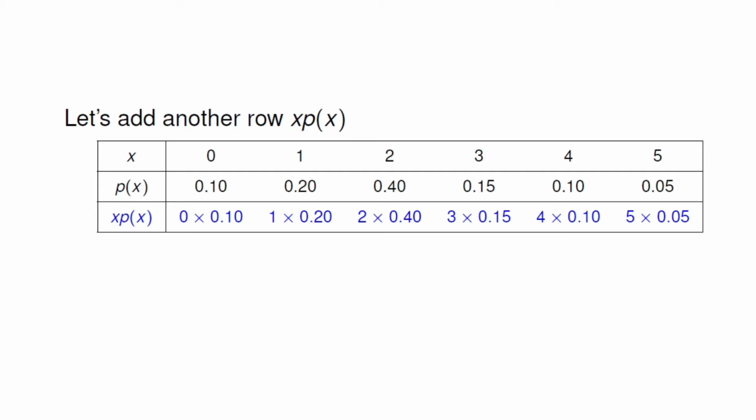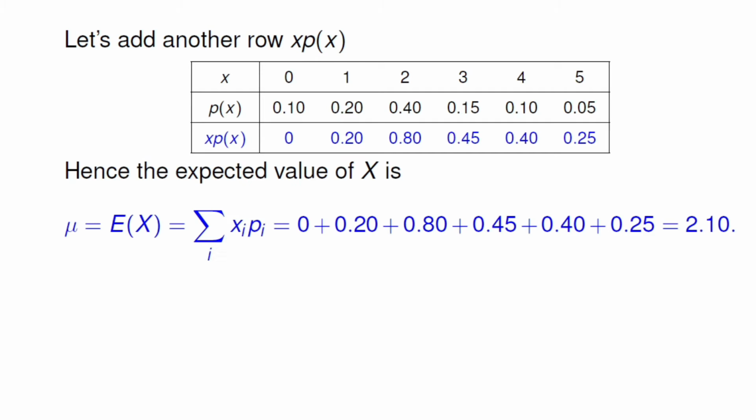So as you can see, that's 0 times 0.1, 1 times 0.2, 2 times 0.4, 3 times 0.15, 4 times 0.1, 5 times 0.05. This is our first step. Then to find the expected value of X, we simply add all these products together.